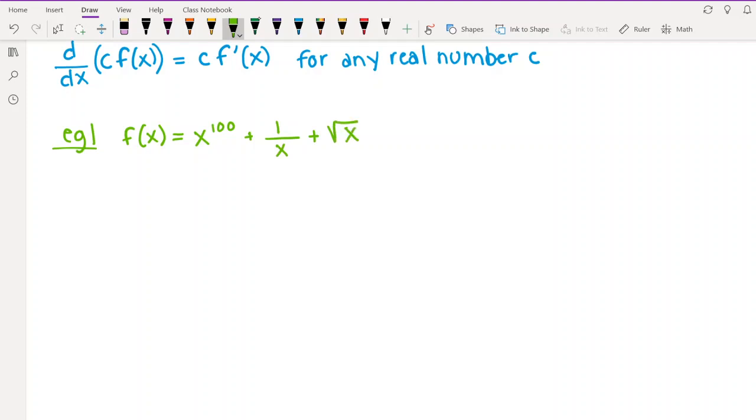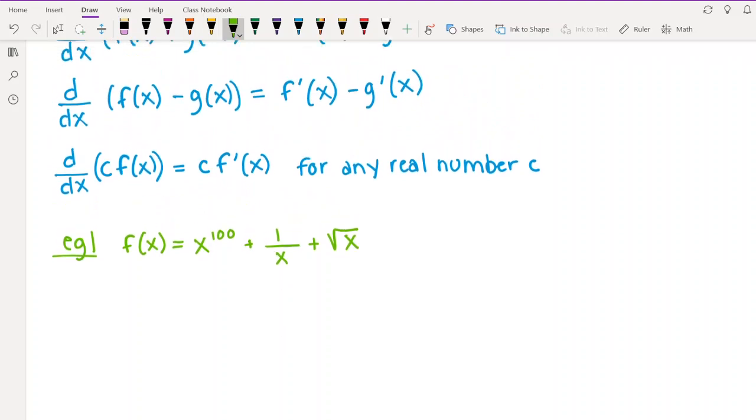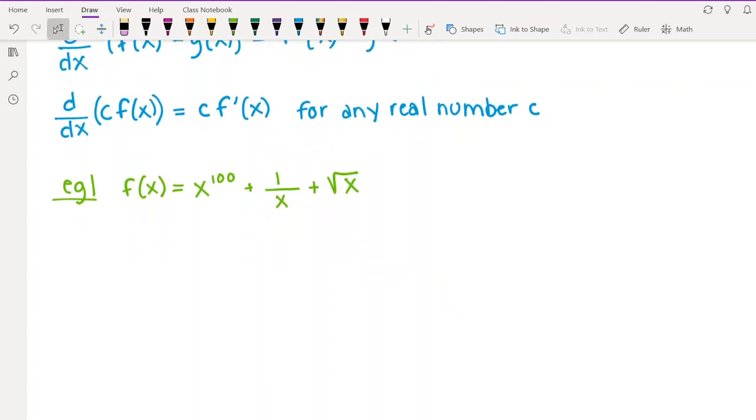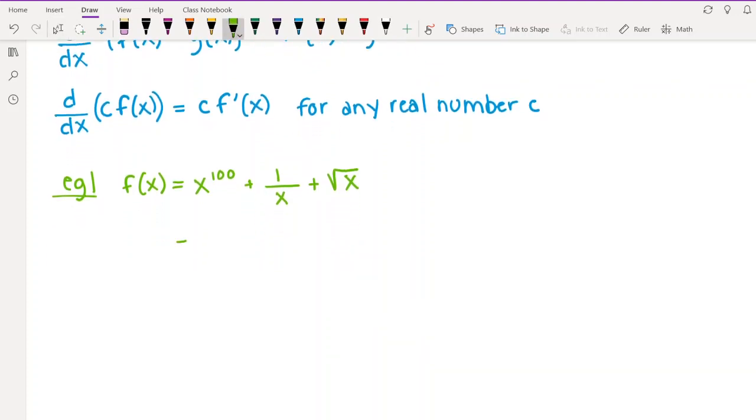The first rule that we wrote down, this addition rule, tells us that we can just take the derivative of each of these things individually. We already did these three, so I'm not going to go through the work for them. We got 100x to the 99 for the first one. The second one we got negative, so I should subtract 1 over x squared, and the last one we got 1 over 2 root x. So that would be our derivative.